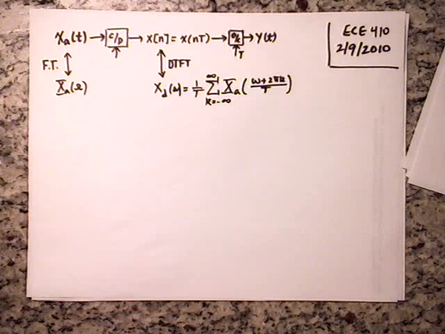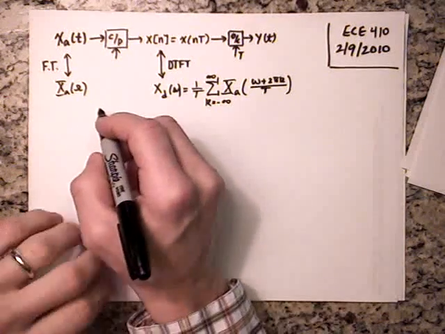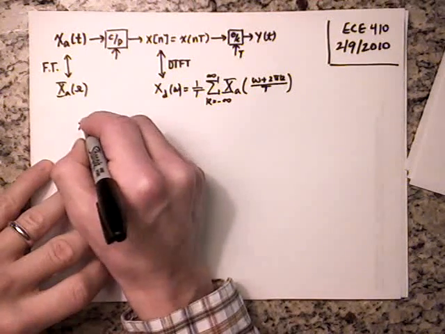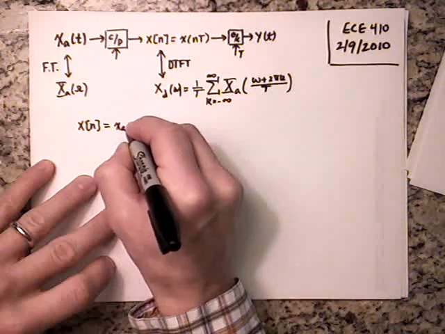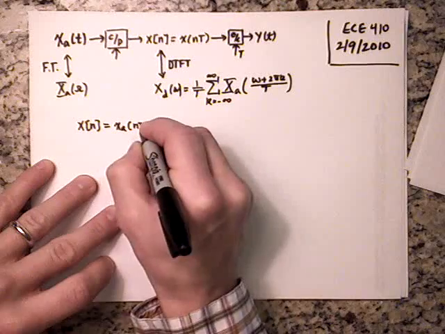First, let's start by writing x of n, which are our samples of the continuous time waveform.